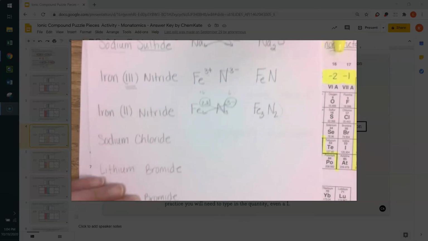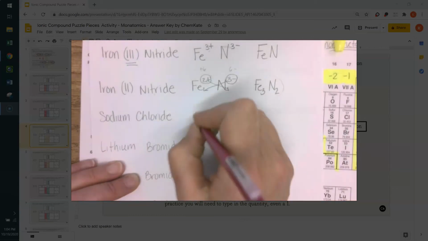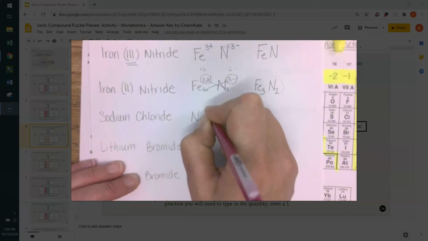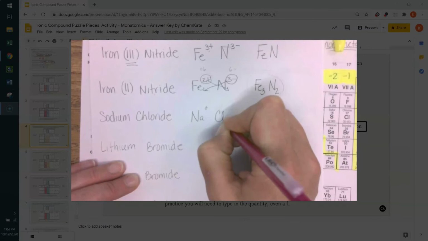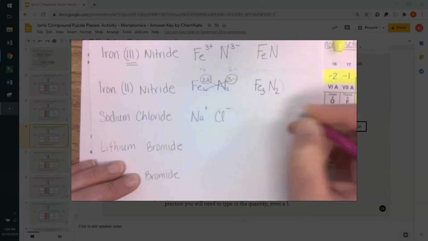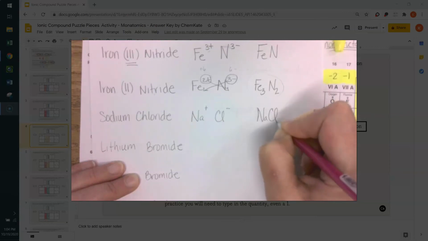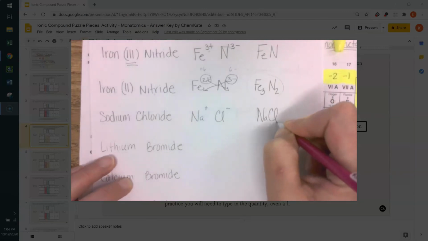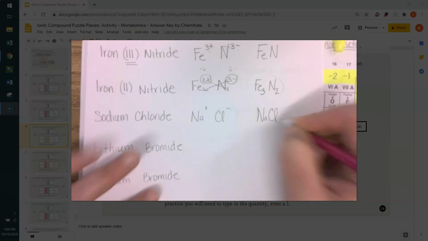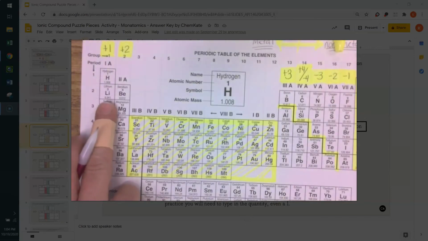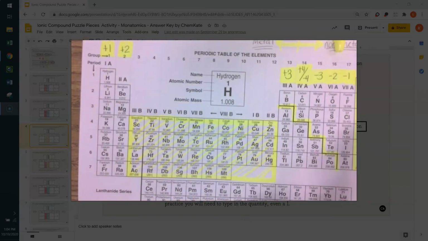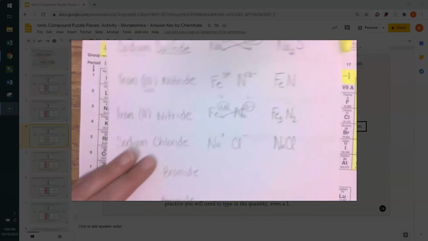Moving forward, sodium is Na, 1 plus. Chloride stands for chlorine, is a 1 minus. They cancel each other out, so it becomes NaCl. Lithium bromide. Lithium, first column, 1 plus. Bromine over here, 1 minus.